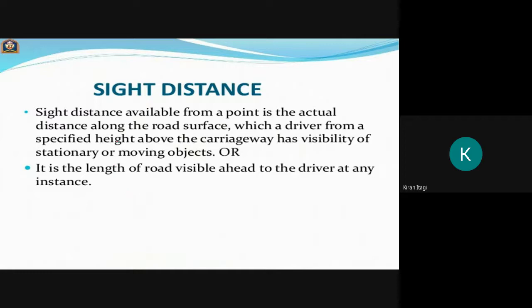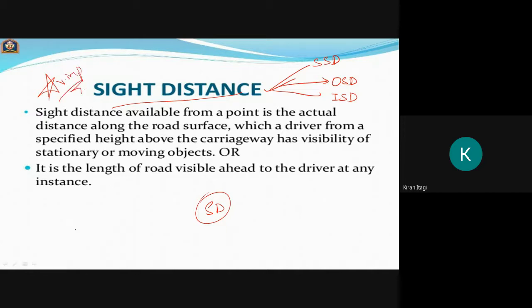So from here, it is most important to learn about the sight distance. In sight distance, we have three types: stopping sight distance, overtaking sight distance, and intermediate sight distance. Therefore, the next class is very important for your syllabus and also for your MPSC.